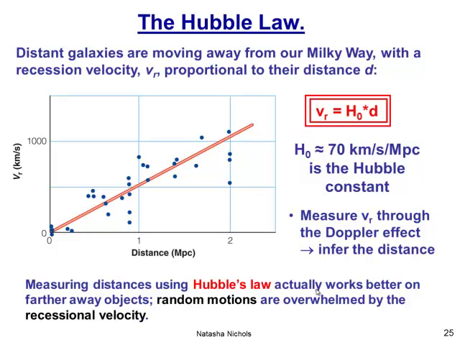And he came up with this formula, V_r = H_0 × d, where H_0 is known as the Hubble constant, which is 70 kilometers per second per megaparsec. Now, applying this formula is very good, but it works better on further away objects. That way, random motions are overwhelmed by the recessional velocity.